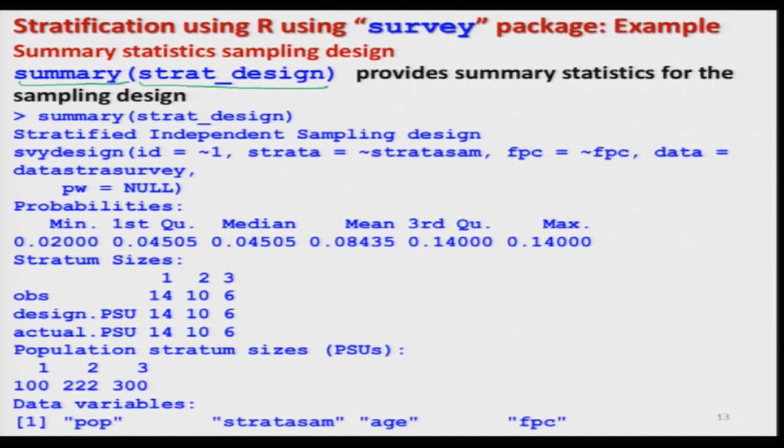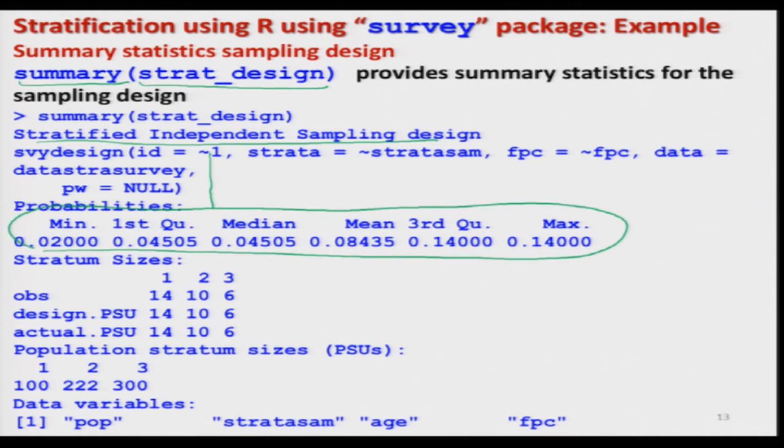You can see here it is giving you the name of which sampling design has been used, this is the command which you have used, and here it is giving you the summary statistics: the minimum value, the first quartile, the median, that is the second quartile, the arithmetic mean, the third quartile, say Q3, and the maximum value.